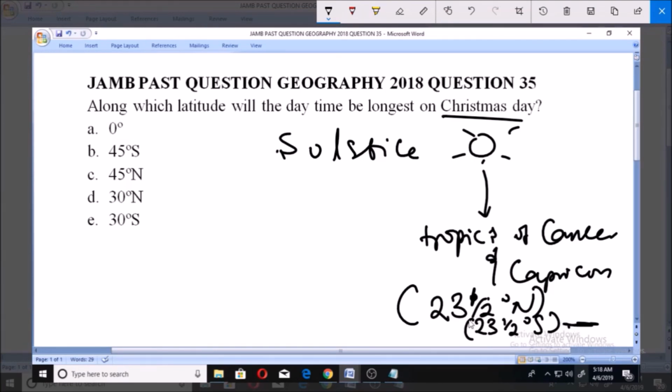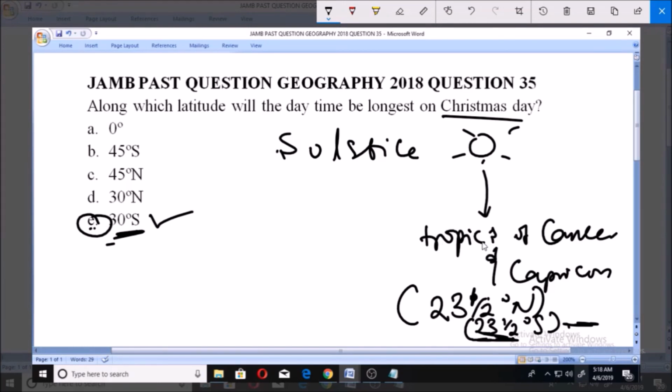Latitudes that are very close to 23.5, and from here we can see that 30 degrees south is very close, and that makes this option the answer to the question. So in the options we have 30 degrees, very close, and that makes option E the right answer.